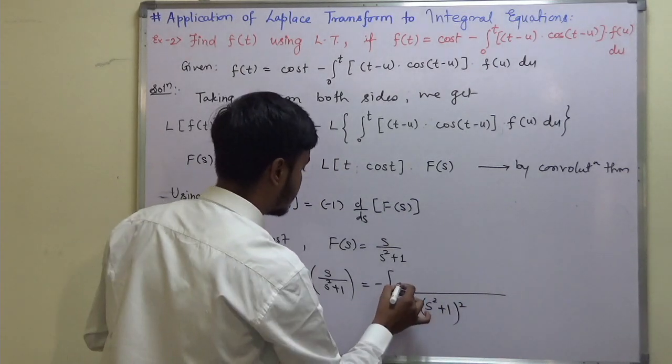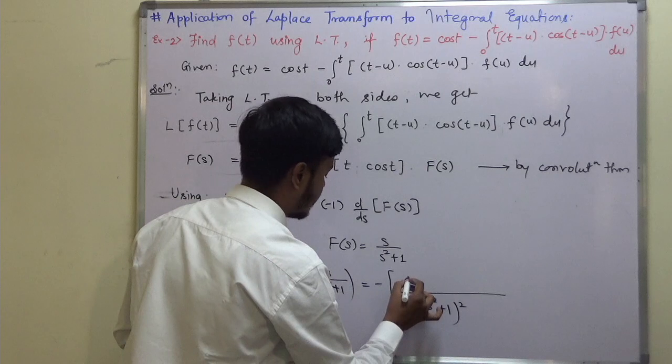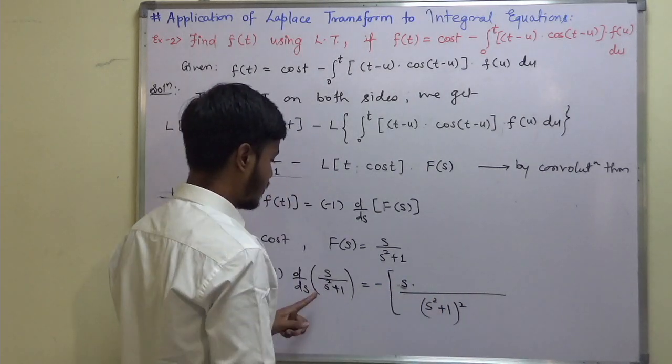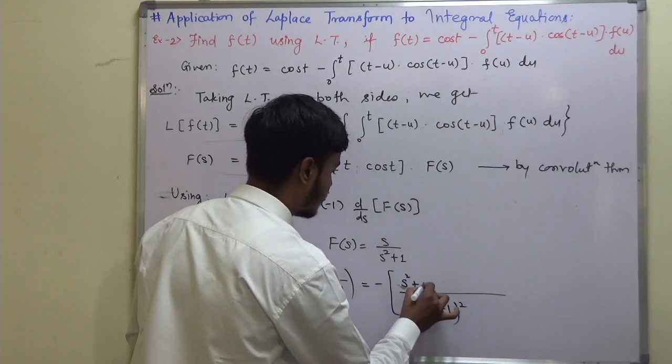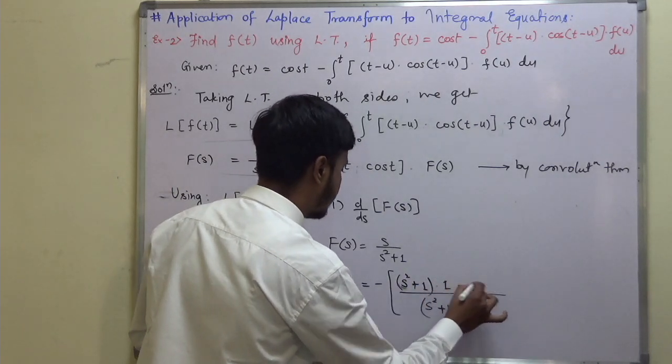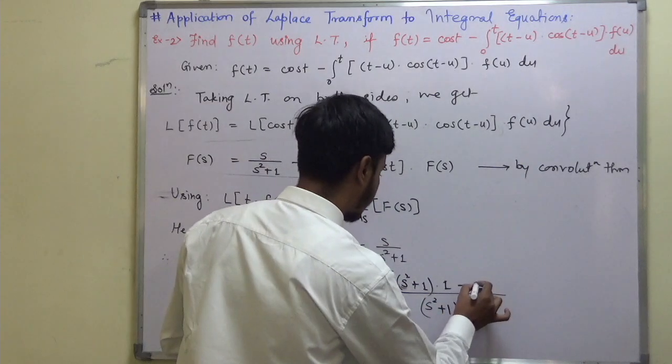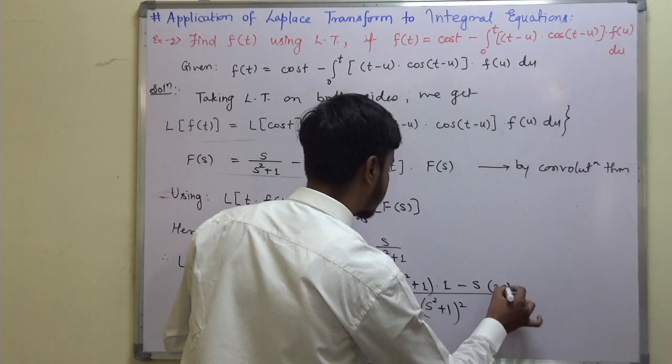Which you can write as minus of (s square plus 1) whole square, and this is first function, start with s, and s square plus 1 into 1 minus, applying u by v rule here, the quotient rule, minus s into 2s.